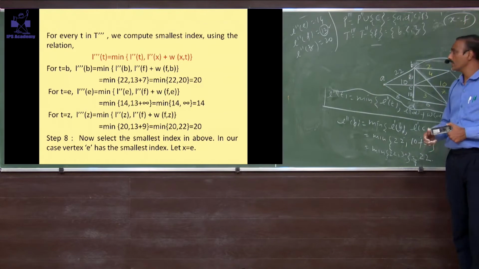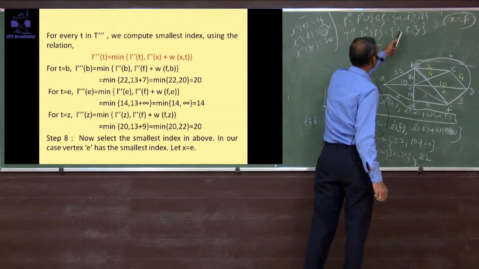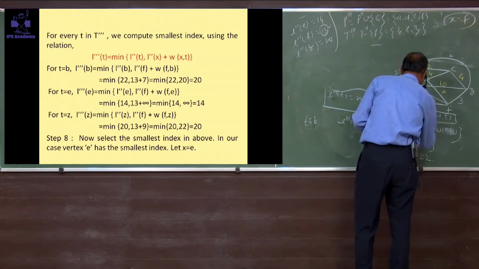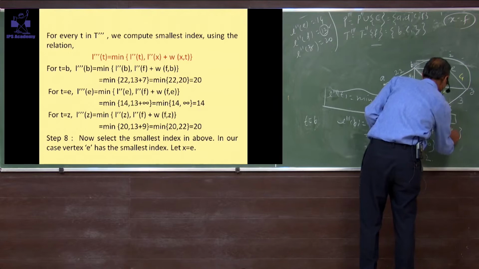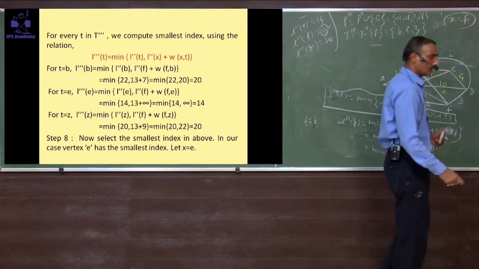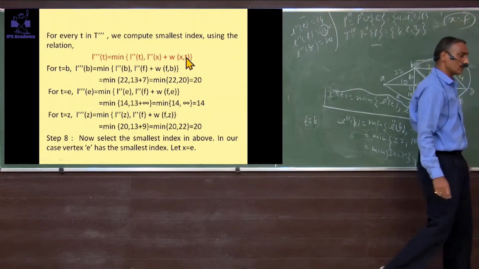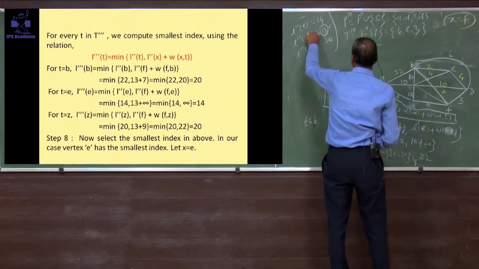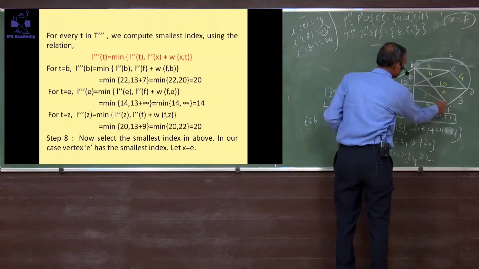Okay, now using this one, first we take T equals B, because the first element of T triple dash is B. So L triple dash B equals minimum of L double dash B comma L double dash F plus W of F comma B. We have chosen X equal to F here, and the distance between B and F is this relation: L triple dash T equals minimum of L double dash T comma L double dash X plus W of X comma T. So using this relation, L double dash B is 22, and L double dash F is 13, and B comma F are directly connected and the weight is 7.